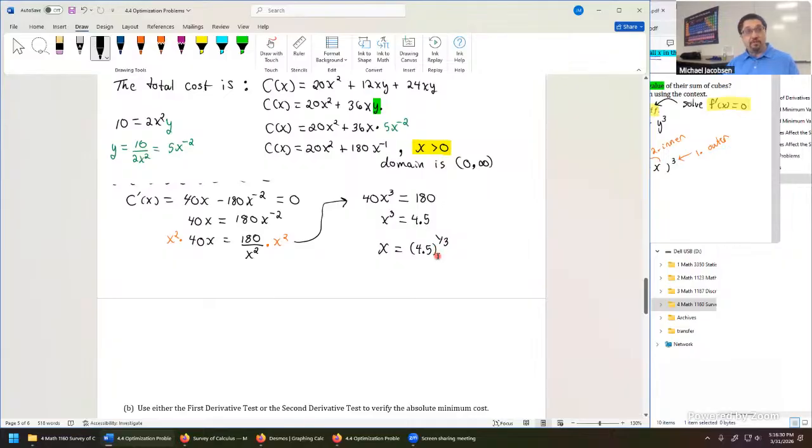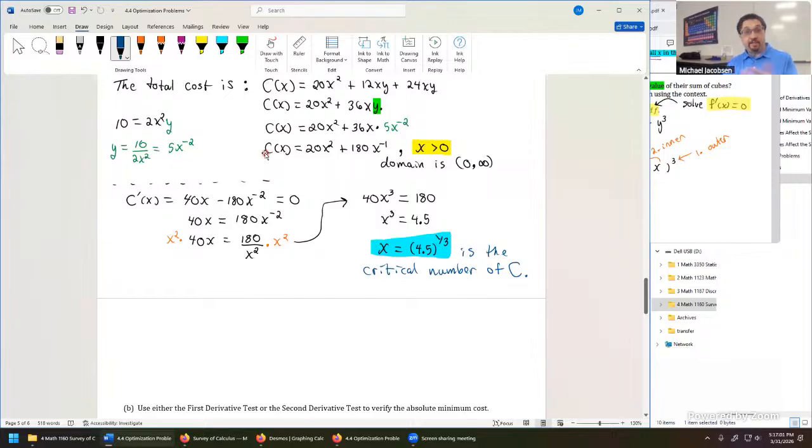But that's only if everything works out, if that's going to be the actual critical number that leads to an absolute minimum in this problem. But so far we can say x equals 4.5 to the power 1/3, or the cube root of 4.5. This is the critical number of C, that cost function.